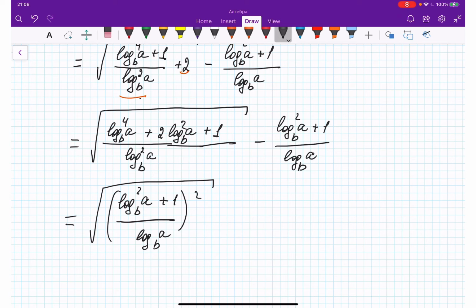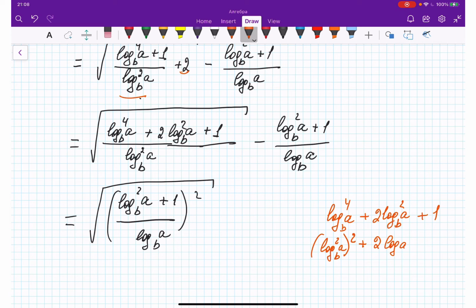Let me do some drafting real quick: log_b(a)^4 plus 2 log_b(a)^2 plus 1. Okay, this is going to be (log_b(a)^2)^2 plus 2 times log_b(a)^2 times 1 plus 1 squared.